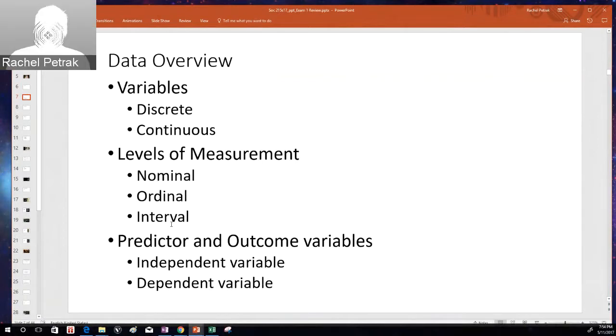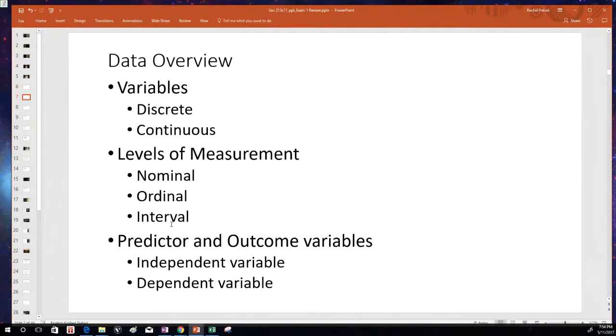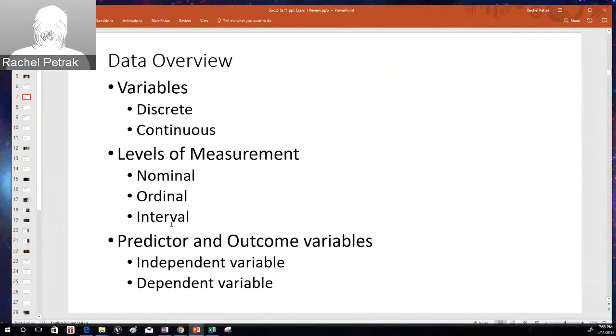And levels of measurement are an important topic because we're going to use levels of measurement as a primary point of interest in lots of our future topics. So you need to be able to, if presented with a variable, decide what level of measurement that variable is.